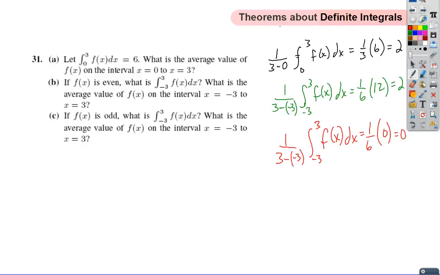Bam, there it is. When I take a look at this, one of the big things you've got to remember is, for the even function, if I'm going from negative a to a, which is what's happening here, it's going to be twice the amount from 0 to that a. So that's why this is 12. And if it's an odd function, my integral value is going to be 0. So those are your 2 answers.